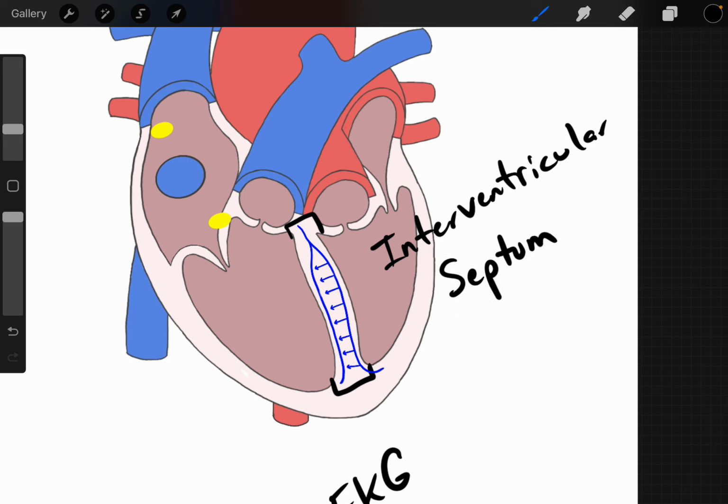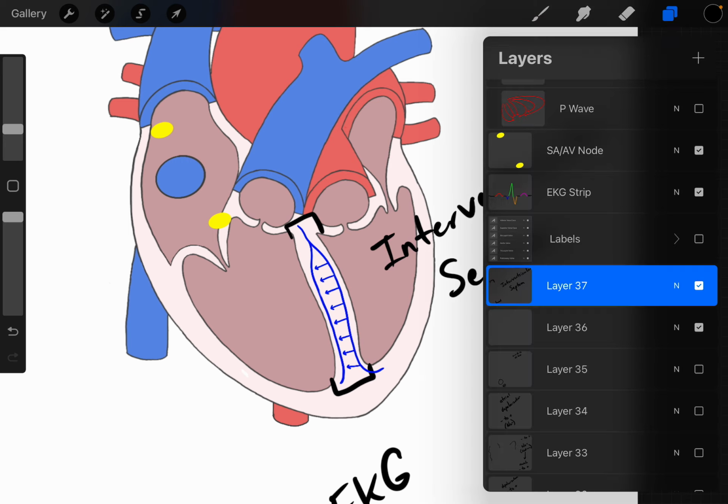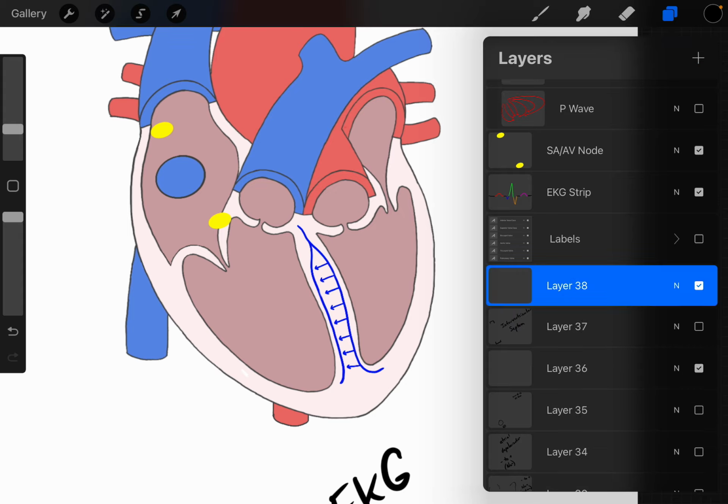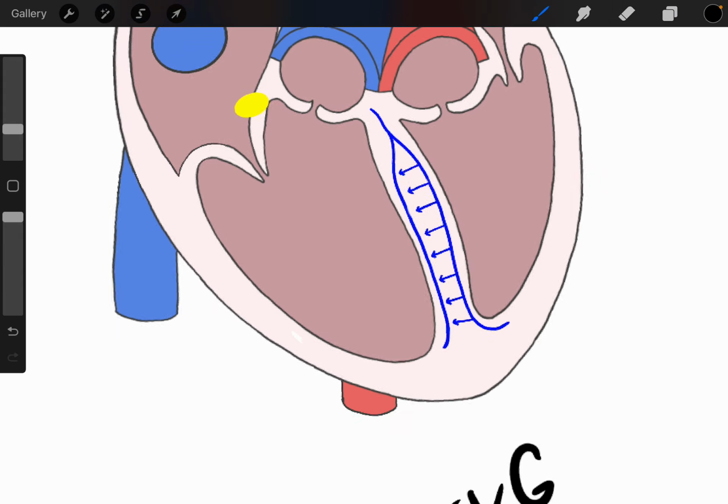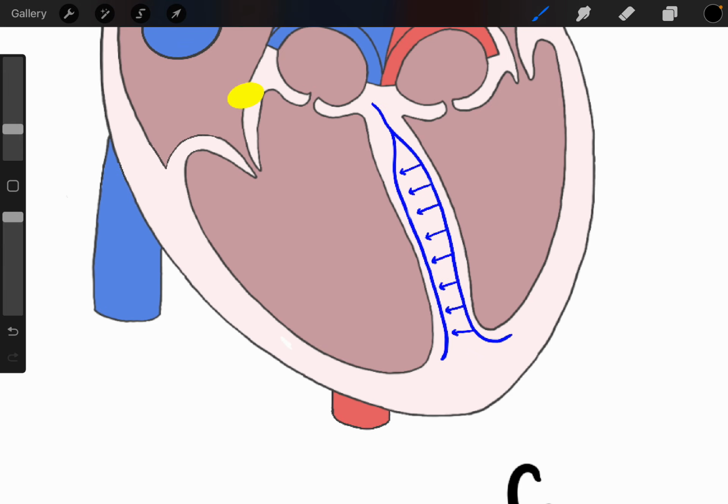So what that means is that there is a section of the heart between the ventricles that's made up of muscle called the interventricular septum. Now, if you look at these lines, the blue lines are showing that there are nerves that are depolarizing these muscles. So before we get into that, I want to label these two things.